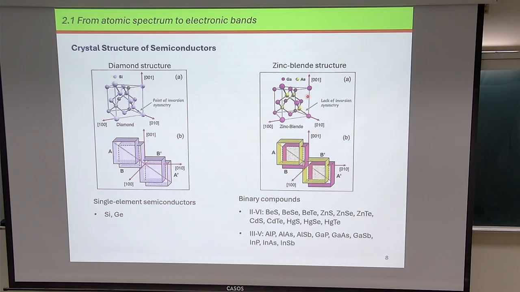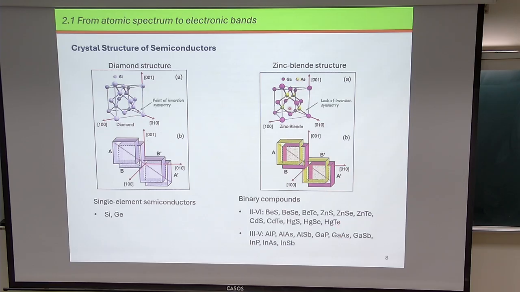Now you have compounds, typically of these 2-6 or 3-5 semiconductors. You will have another structure which is called the zinc blende structure, which is essentially what these schematics show here. So here is one of these. We have the gallium. This is for the case of gallium arsenide, but all of these examples here have also the same structure, but of course with different atoms.